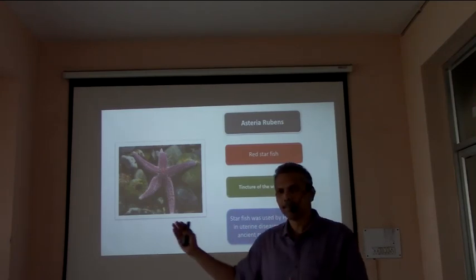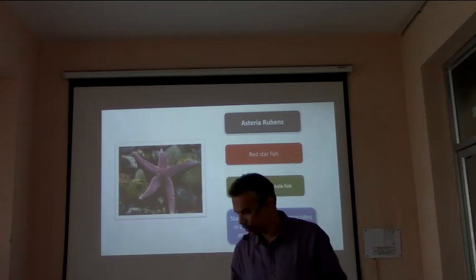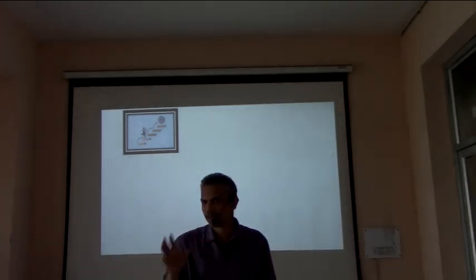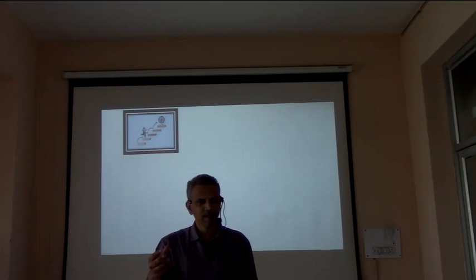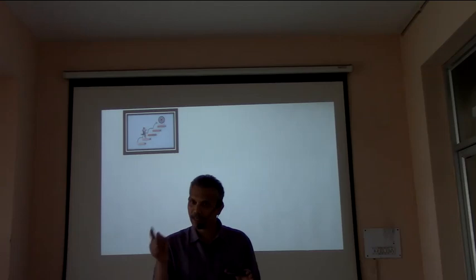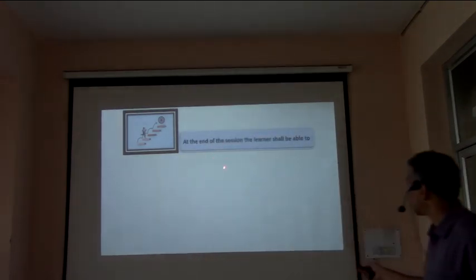This is the basic information, which for a PG student may not matter much, but what becomes important is that we have set some objectives. In the next 25 to 30 minutes, what is it that we are going to discuss related to Asterias in this particular class? So what are the objectives that we have set?